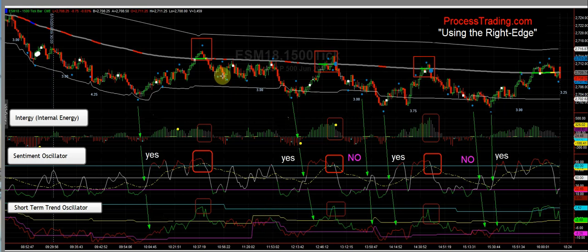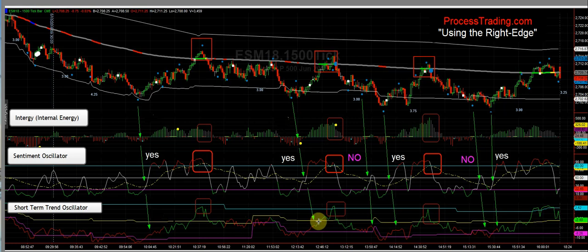You can see this consolidation going on over here, and you can see the price bands starting to close together. The other unique thing about the short-term trend oscillator is that this line is a pullback line, where price will often hit this line, it'll pull back to it, and then reverse.